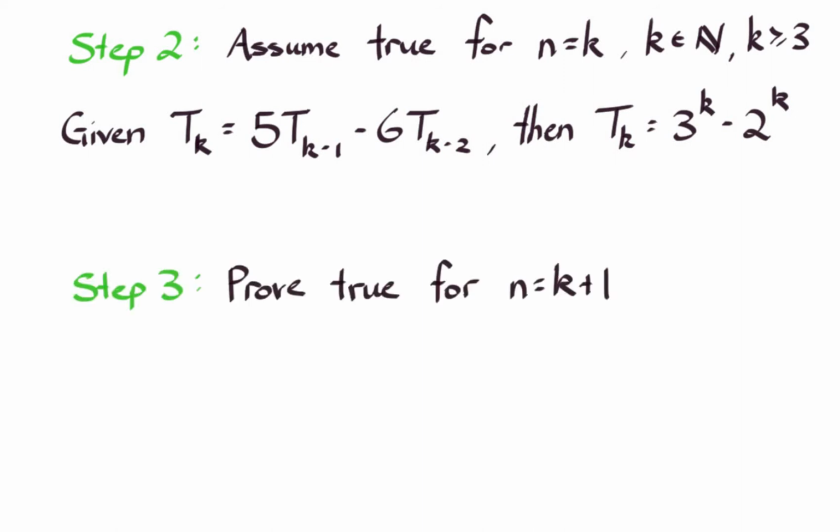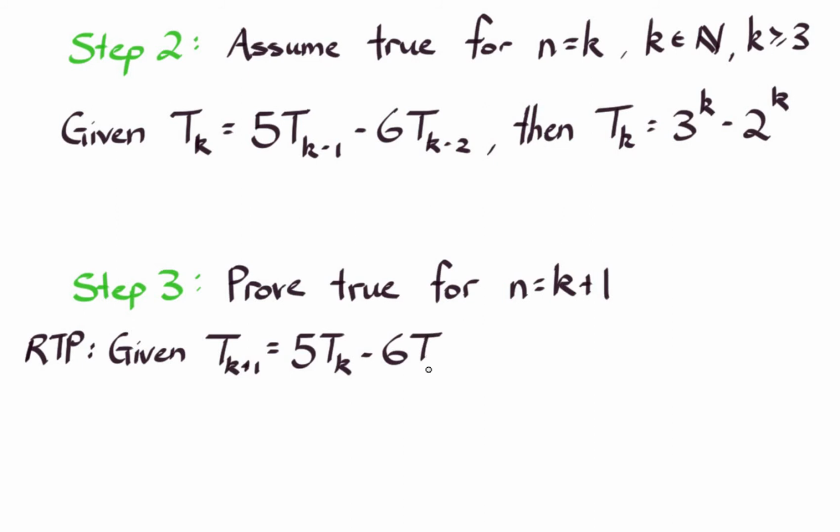Prove true for n equals k plus 1. So what are we required to prove here? We're trying to show that if we are given tk plus 1, and we're looking at the recurrence relation here, so that would be 5 lots of the term before it, so tk, minus 6 lots of the term before that, so tk minus 1.